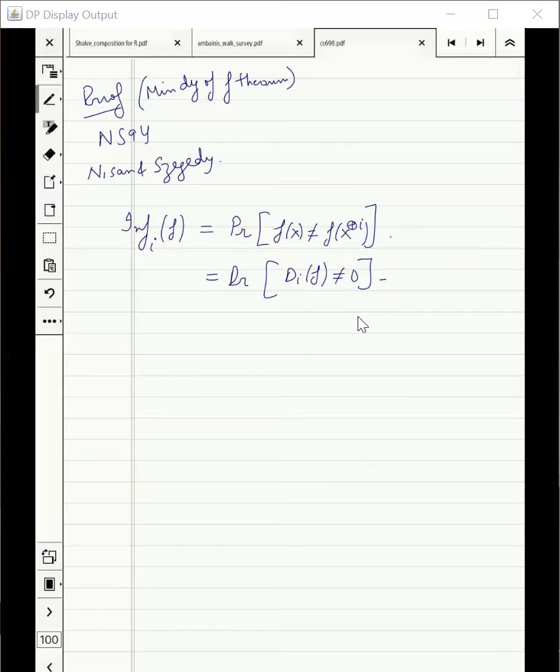Now, what do I know about the degree of DIF? It is degree of f minus 1, because the influence of i is non-zero, that means Xi appears in the Fourier expression.